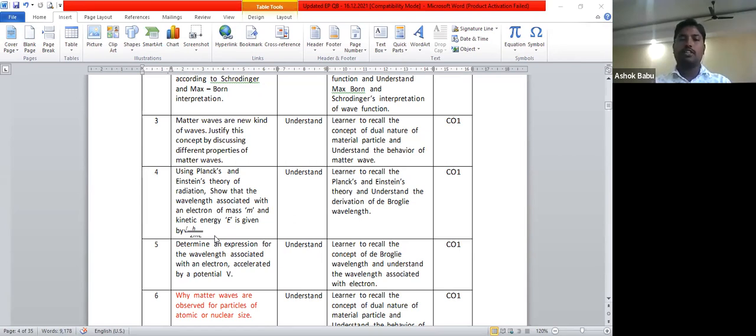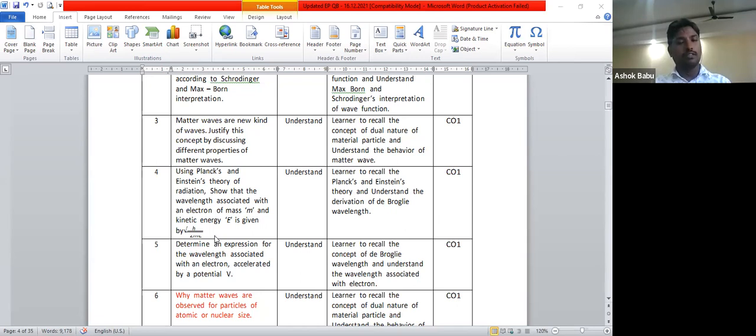We already derived the equation for lambda in terms of kinetic energy, that is lambda equals h by root over 2mE. In place of capital E, by substituting small e into capital V, we get the equation for the wavelength of the electron in terms of applied potential.